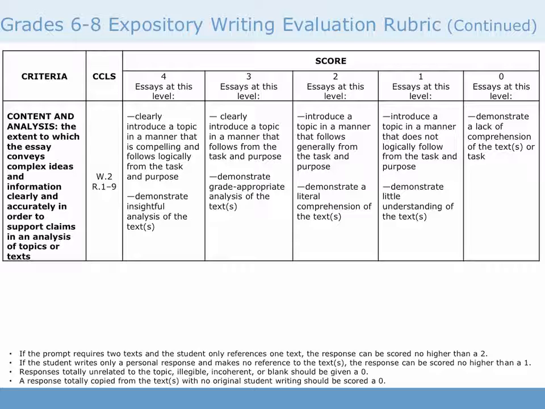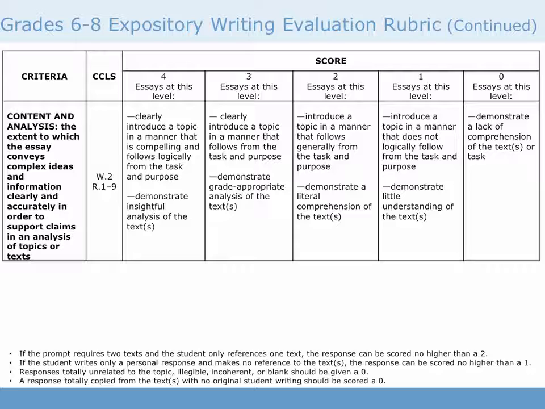Essays at a Level 4 clearly introduce a topic in a manner that's compelling and follow logically from the task and purpose. At a Level 3, essays clearly introduce a topic in a manner that follows from the task and purpose. So notice the difference is in a Level 4, it states that the essays are compelling and they follow logically. It doesn't make that statement in a Level 3.